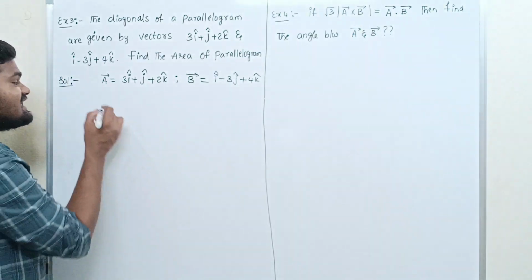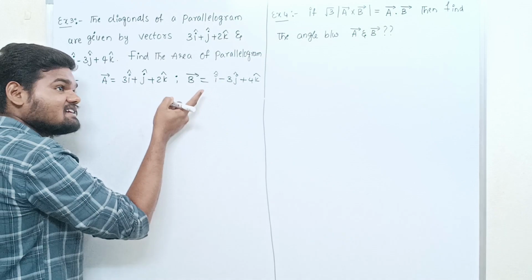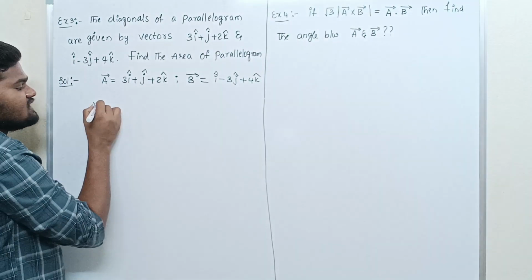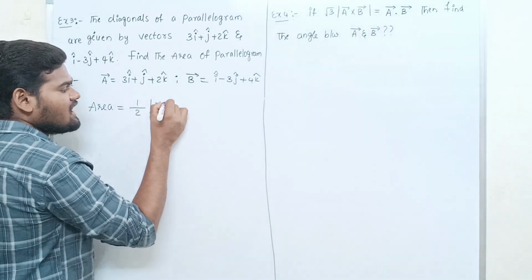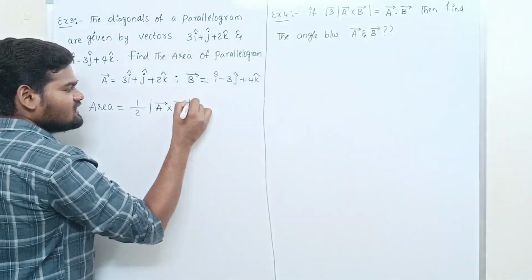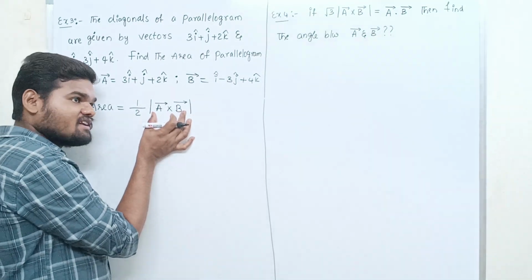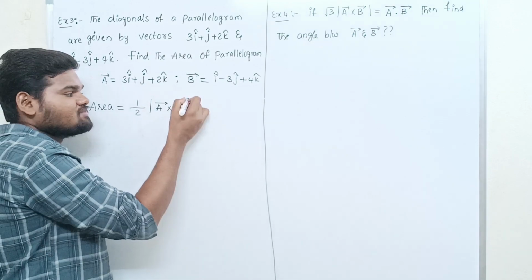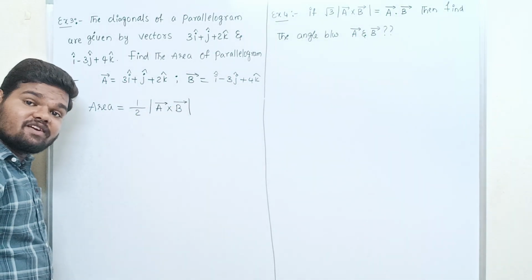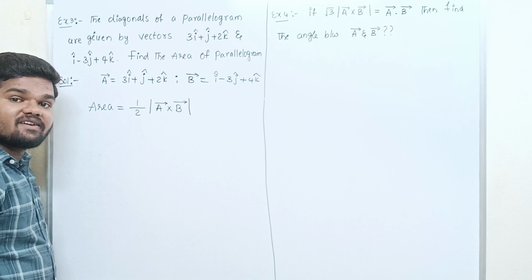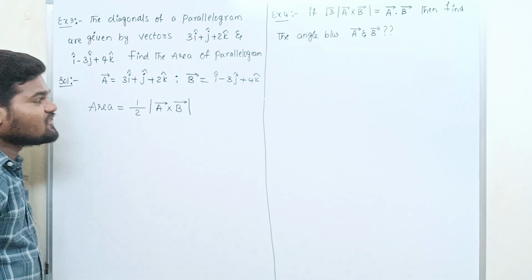Whenever two vectors are diagonals of a parallelogram, the area is given by half into the magnitude of a bar cross b bar. Just find a bar cross b bar, then find its magnitude, then substitute here and you will get the answer. Pause the video and try the solution. 3, 2, 1, go.